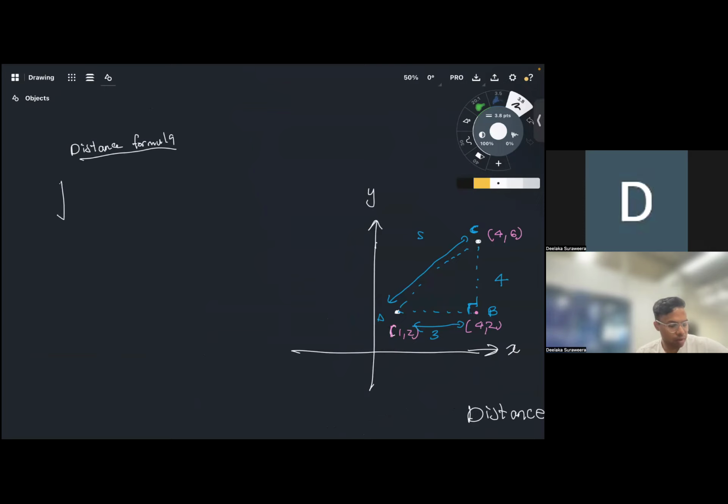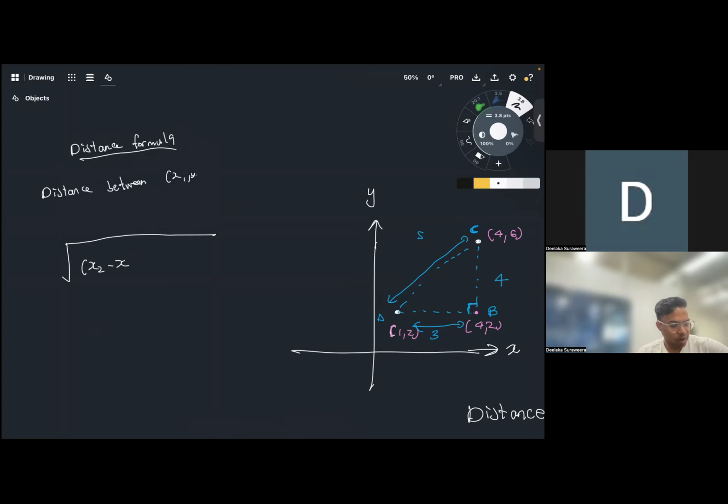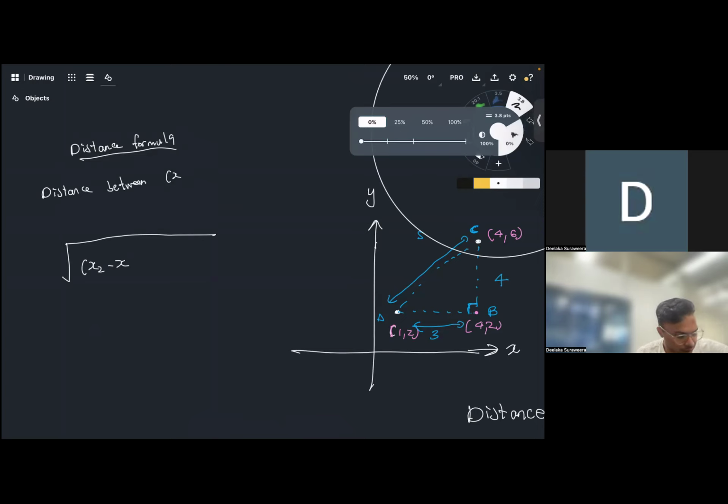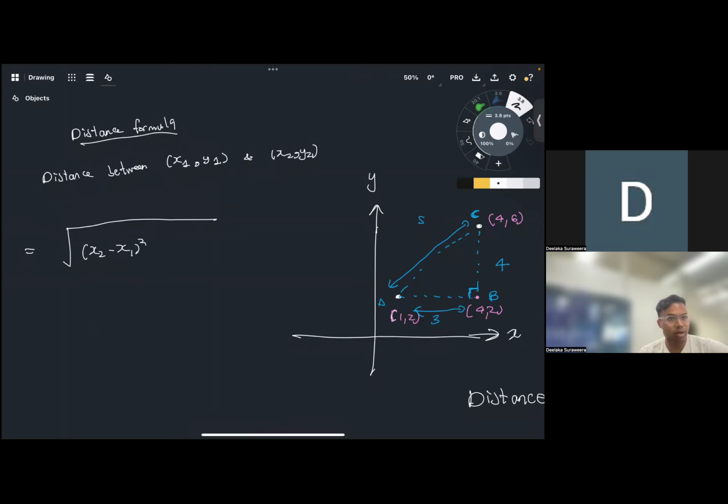The distance between x1, y1 and x2, y2 equals the square root of x2 minus x1 squared plus y2 minus y1 squared, and you square root the whole thing, right?